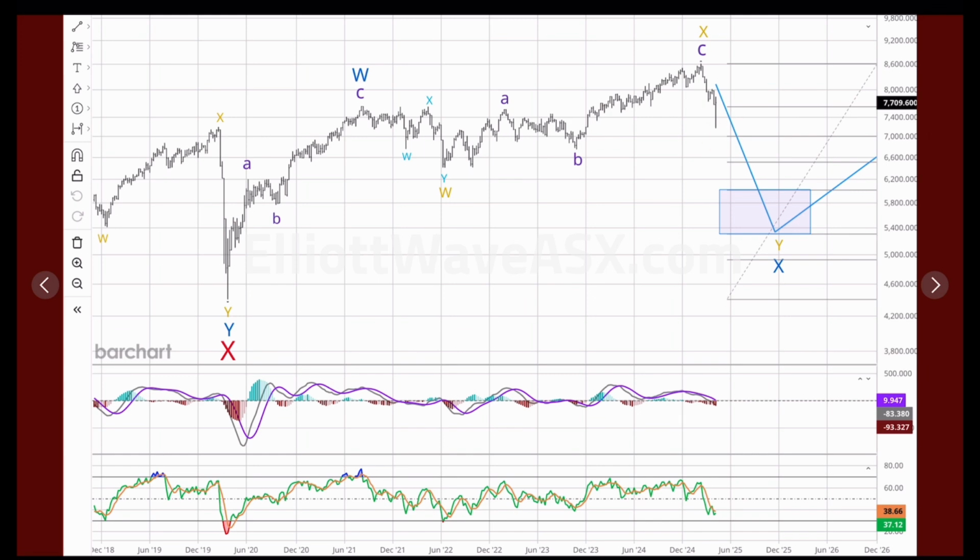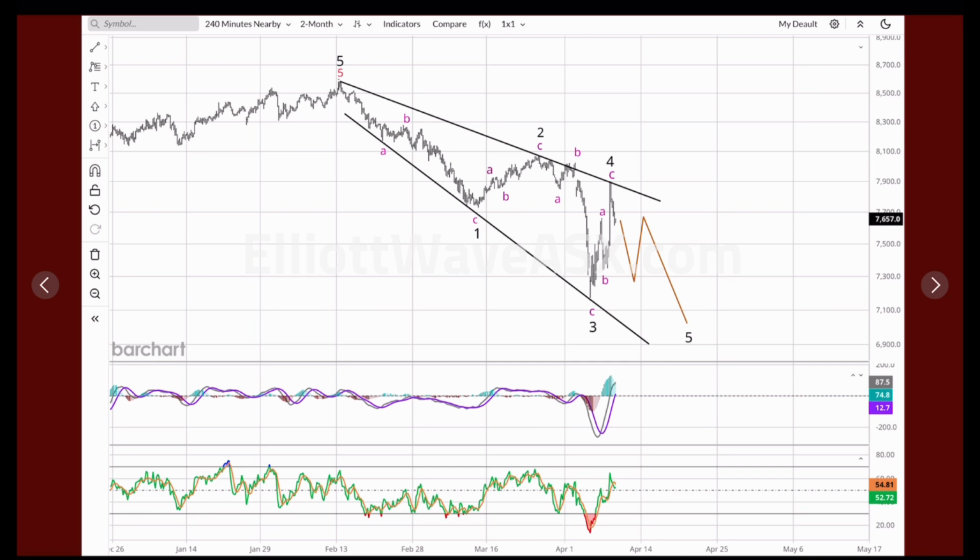So this hasn't changed, and this is probably the current best fit scenario, and we've got an expanding triangle, or a megaphone pattern, I guess you call it in traditional technical analysis.